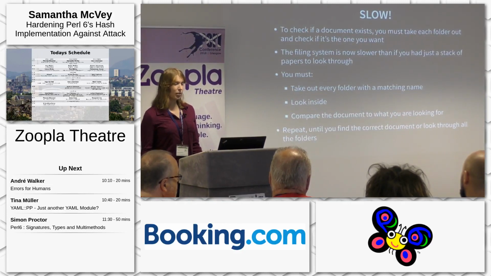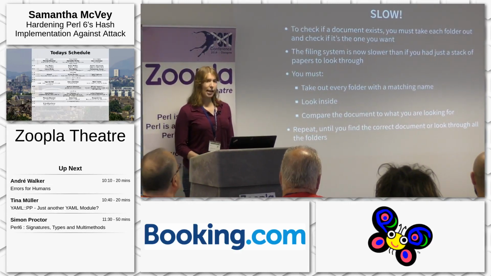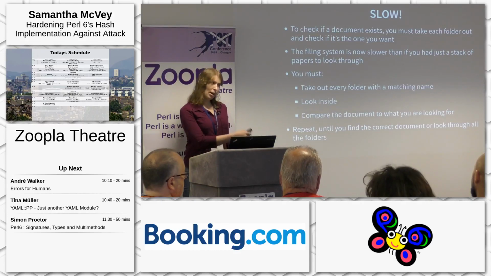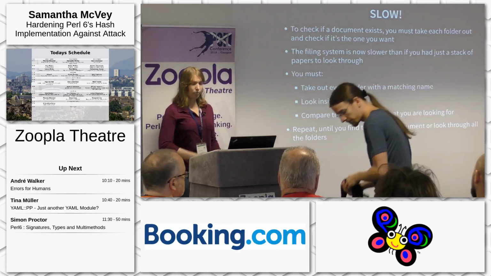This is slow, and it defeats the whole purpose of filing cabinets, and makes it much slower than if you just had a stack of papers looking through every one. Because you have to take the folder out, look at it, put it back, take the other one out, and so on. And you have to start at the beginning of the folder.